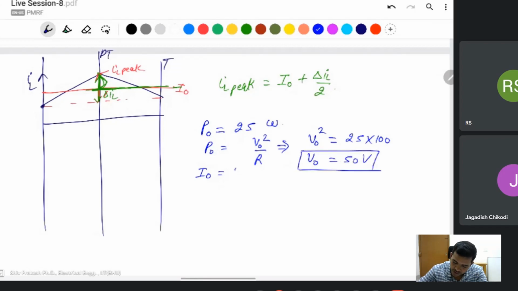I naught is equal to V naught by R, 50 divided by 100, which is 0.5 ampere.